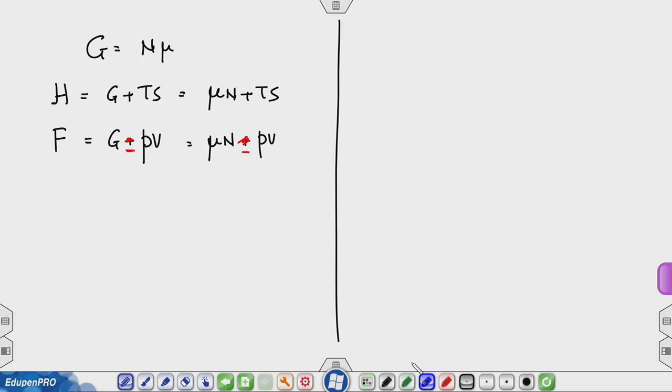Then U is H minus PV, which is going to be mu N plus TS minus PV.